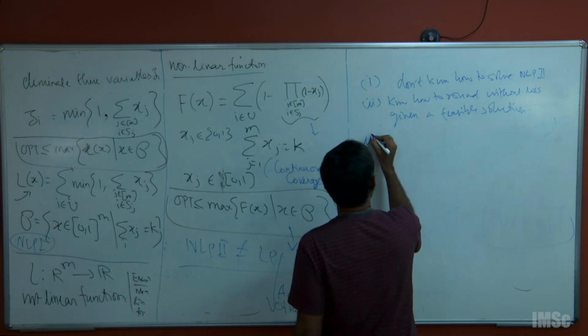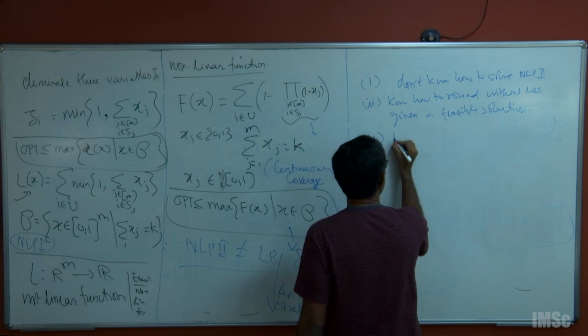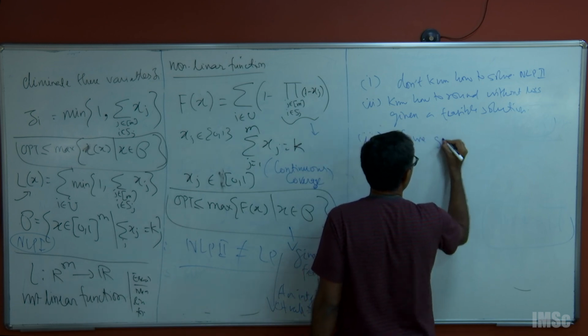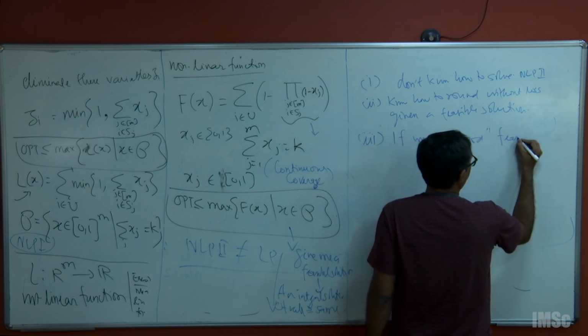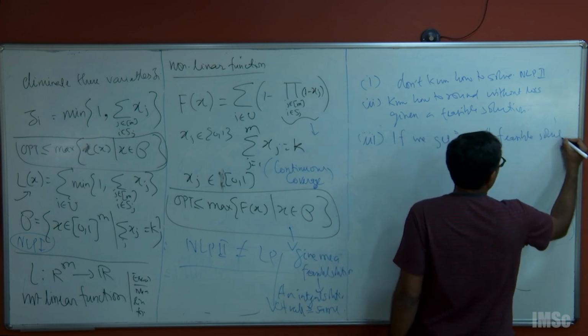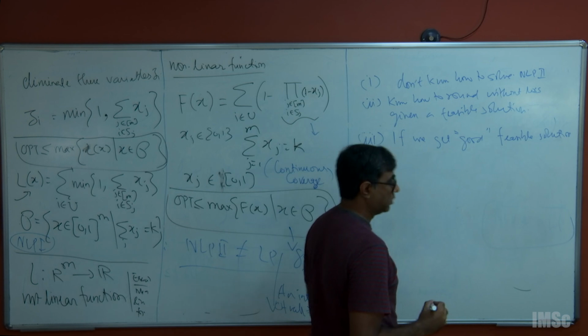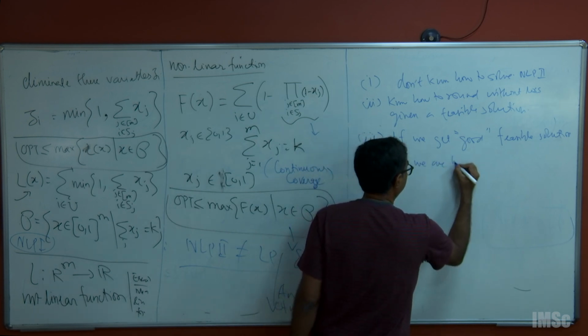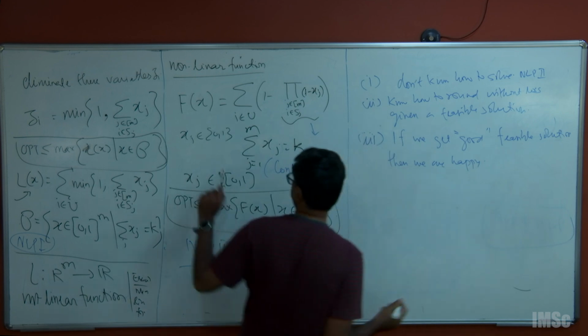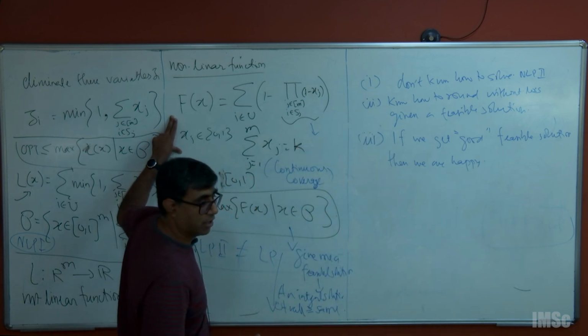So third, if we get a good feasible solution, then we are happy. Now notice we are not going to lose in rounding, right?